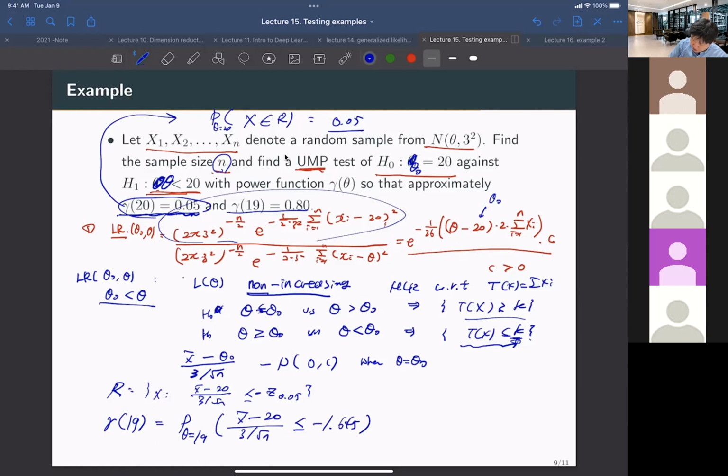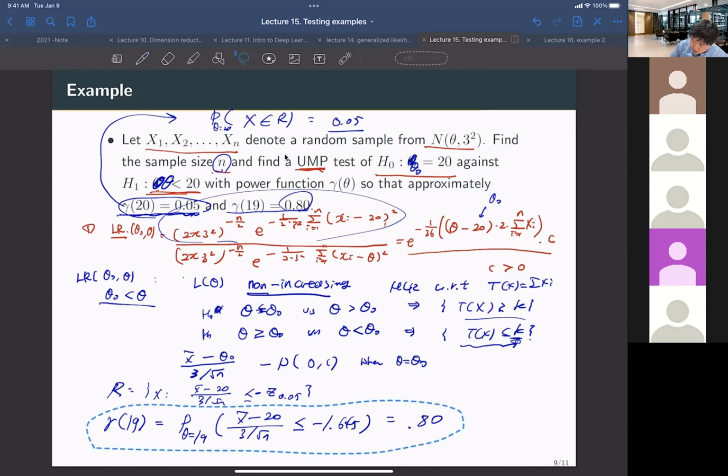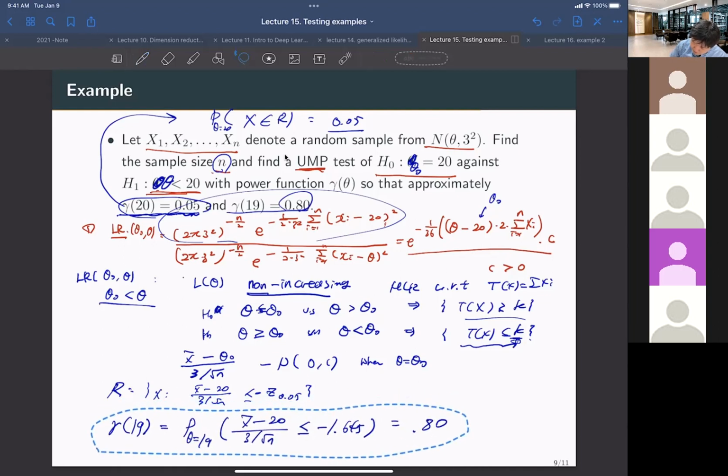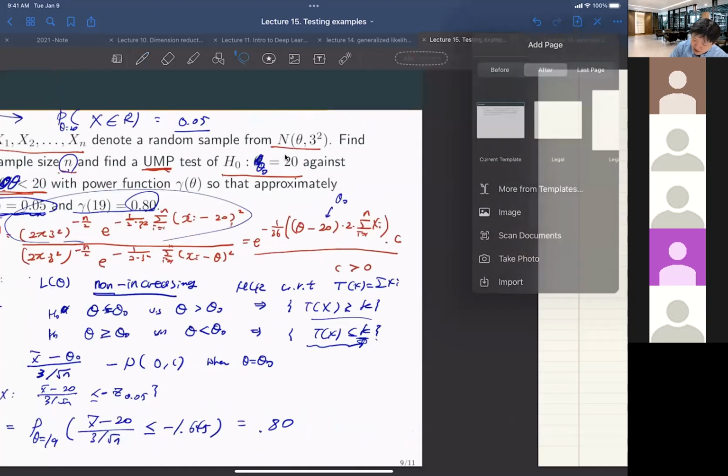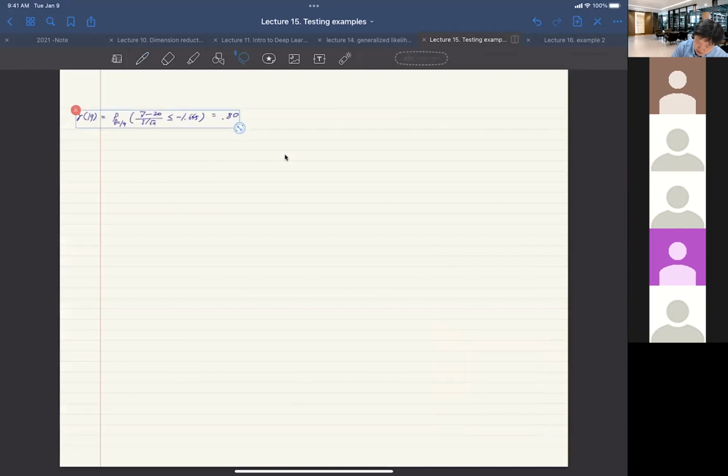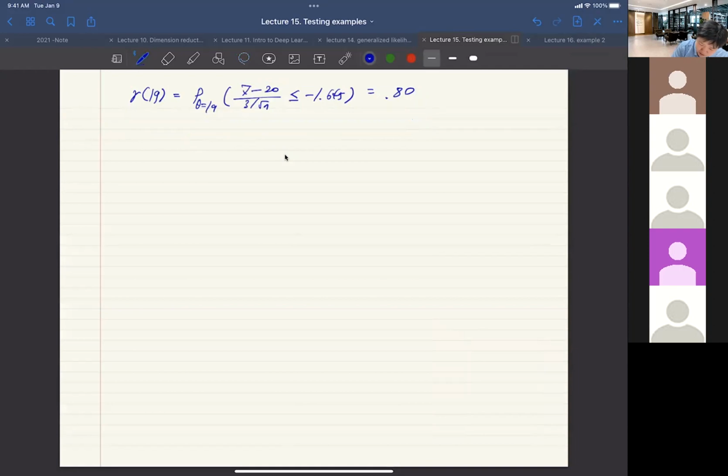And we want to make this 0.80. So if you solve this, you will see the n. So let's find the n, the sample size that satisfies the power.